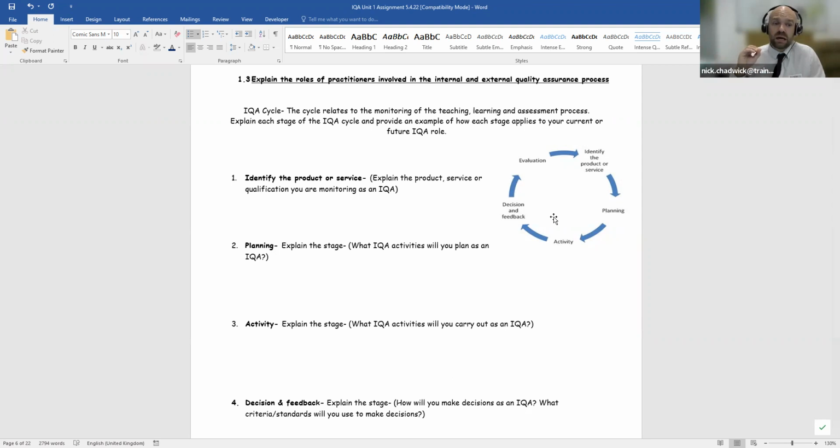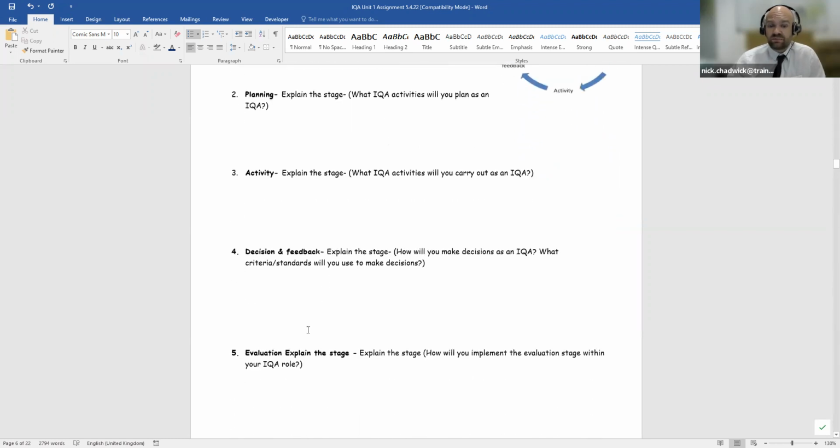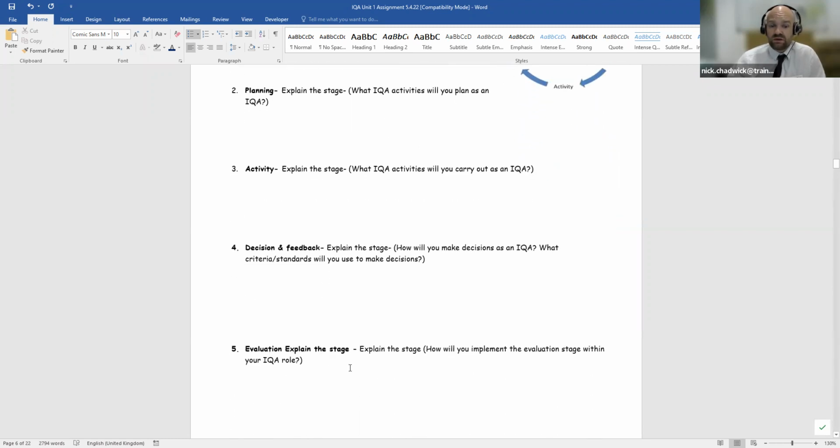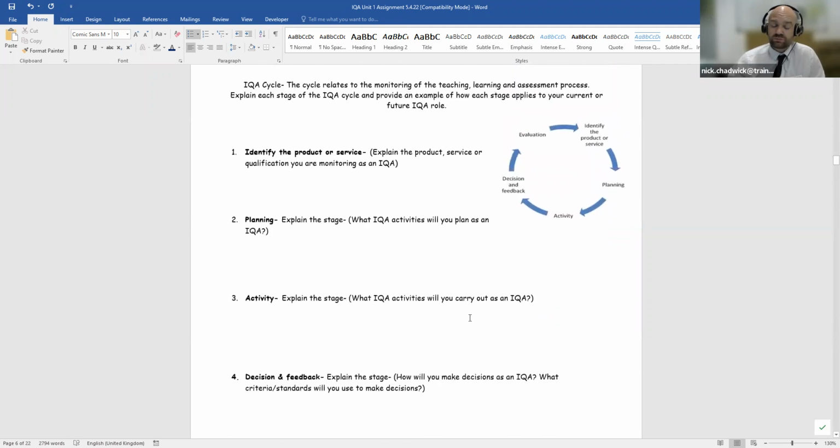So the IQA cycle has 5 key stages to identify the product or service, the planning stage, the IQA activity stage, decision and feedback, and also the evaluation stage as well.